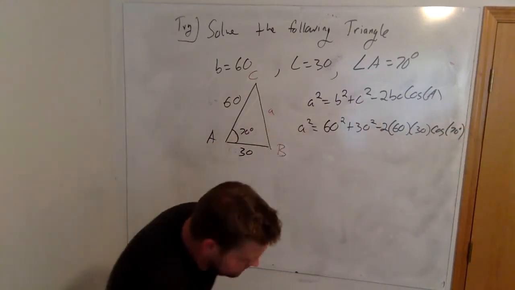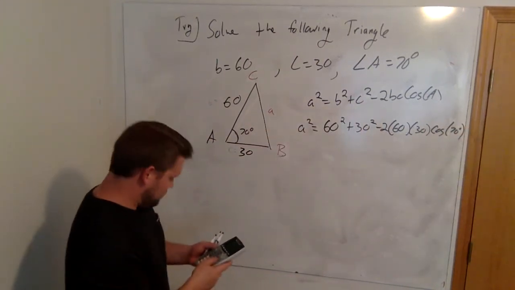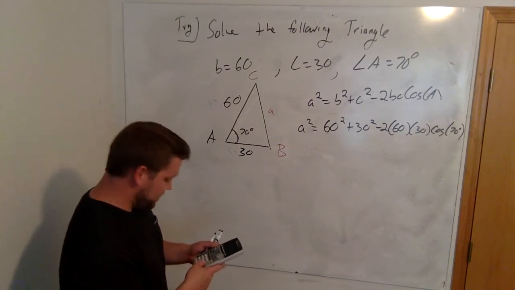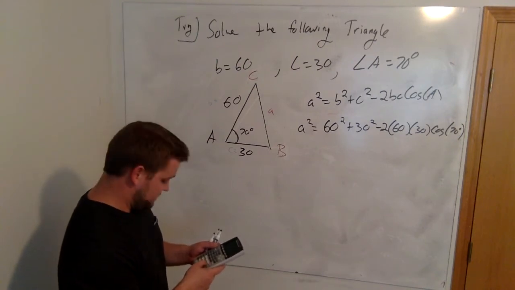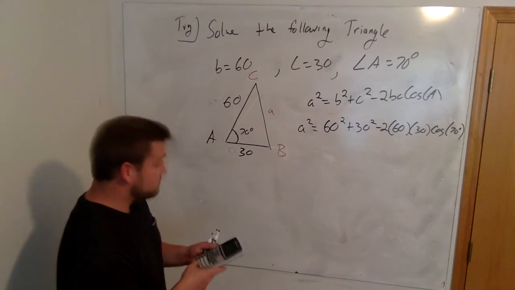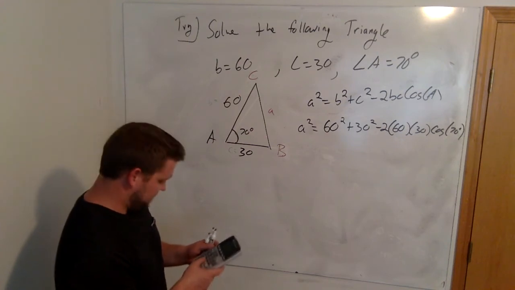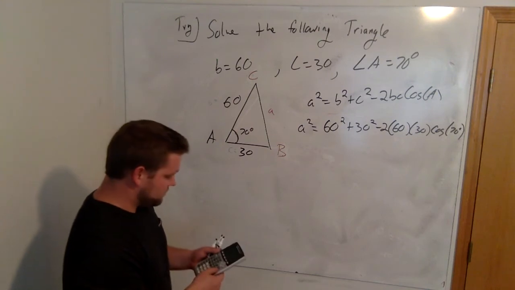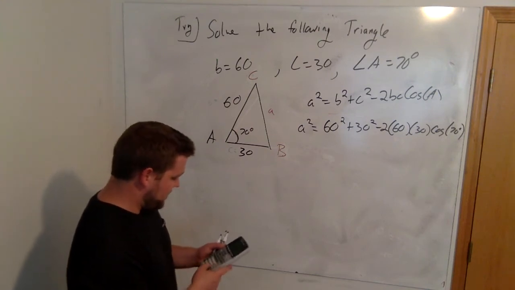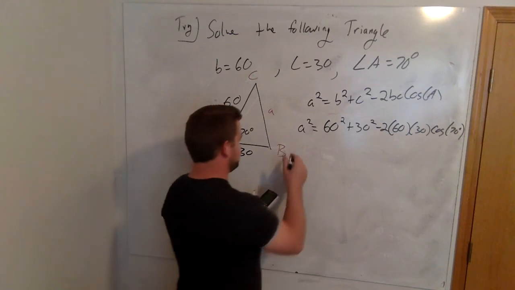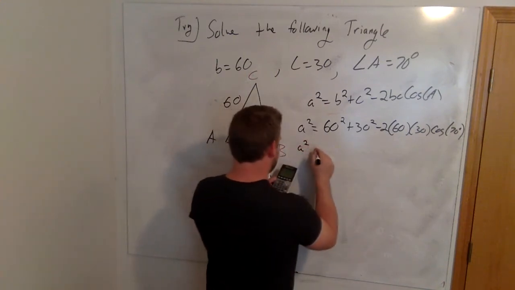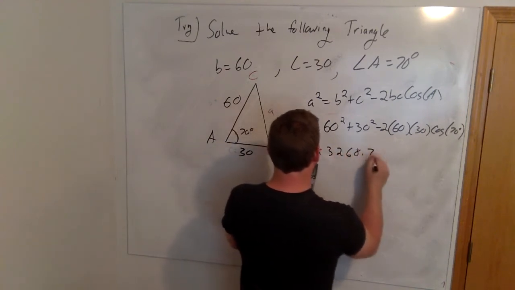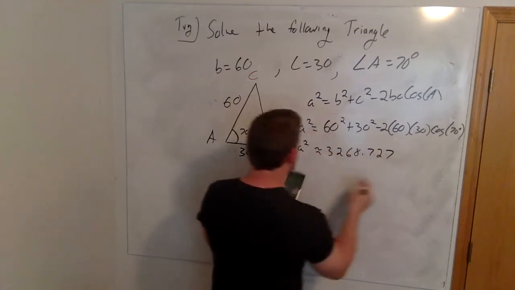Okay, so we'll just use our calculator here. We'll do 60 squared plus 30 squared minus 2 times 60 times 30 times the cosine of 70. Here I'm getting that a squared is roughly 3,268.727.